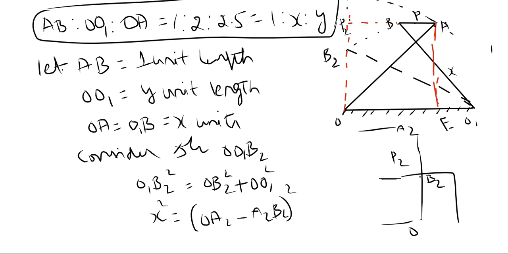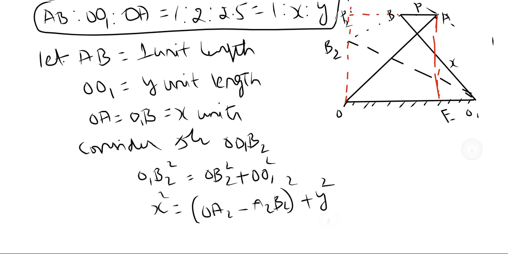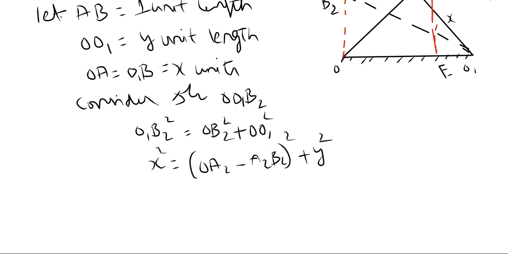I am considering the total length, which gives the actual length of OB2, plus this OO1 square. OO1 square, this length is nothing but y, so that is y square.